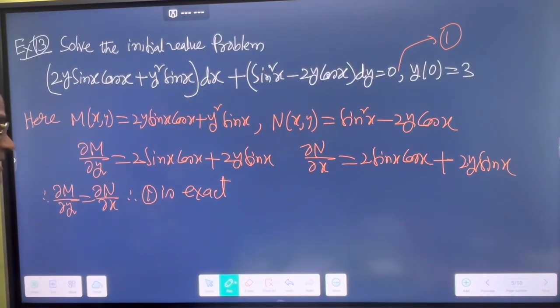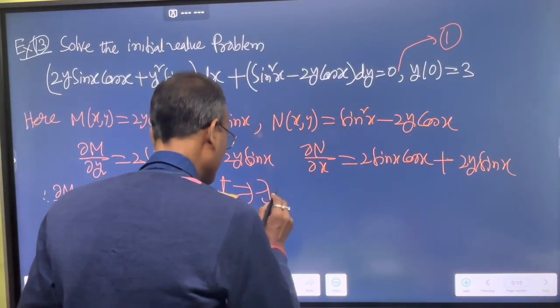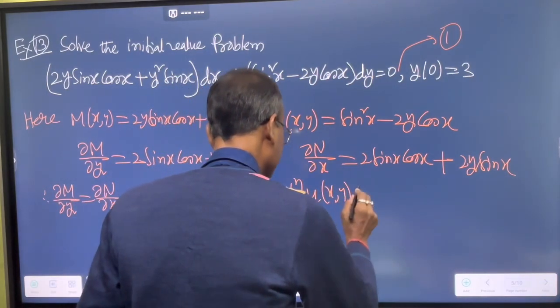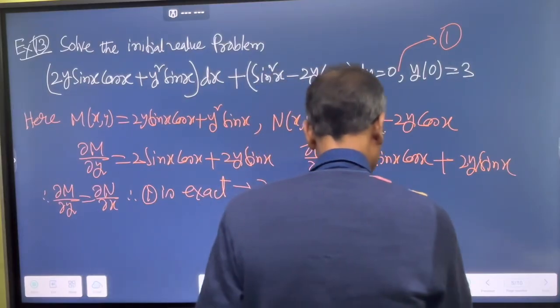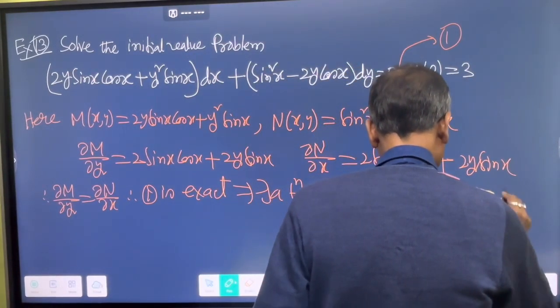Therefore 1 is exact. This means there exists a function u of x, y such that M dx plus N dy equal to du.